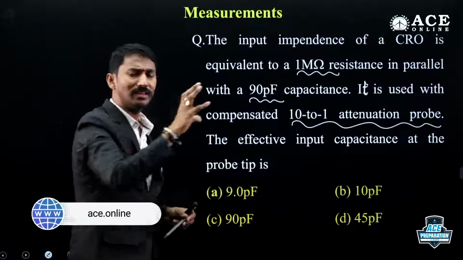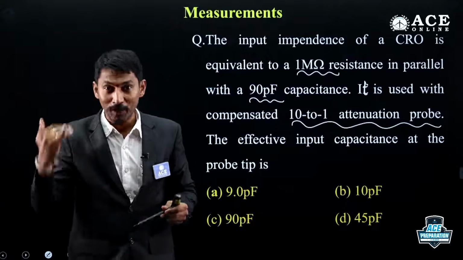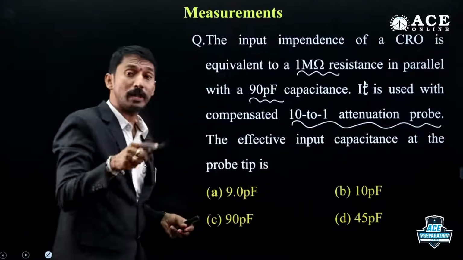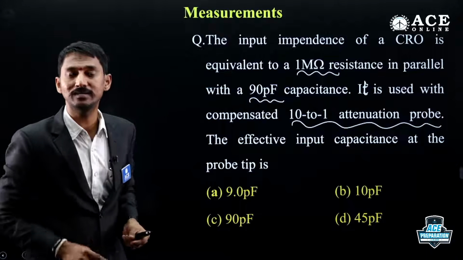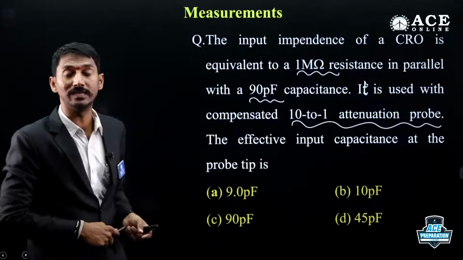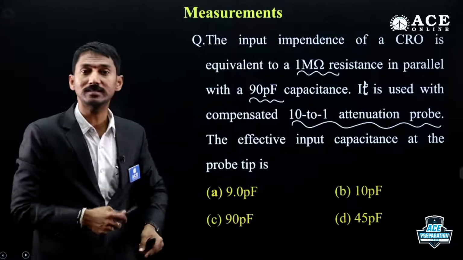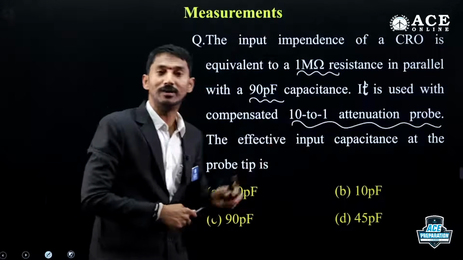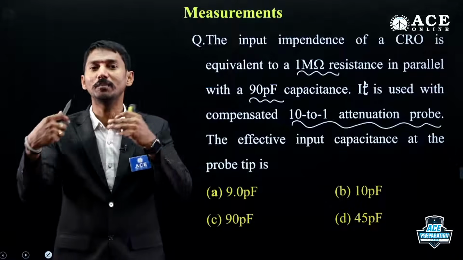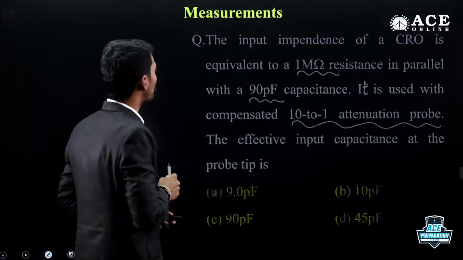After taking the entire CRO probe equivalent circuit diagram and simplifying, we know the formula of the effective capacitance. Remember, the effective capacitance is the input capacitance divided by the probe number. What is the probe number? 10. So C_i by n, that is C_i by 10. Direct answer. The question is very lengthy, but the answer is only one step.